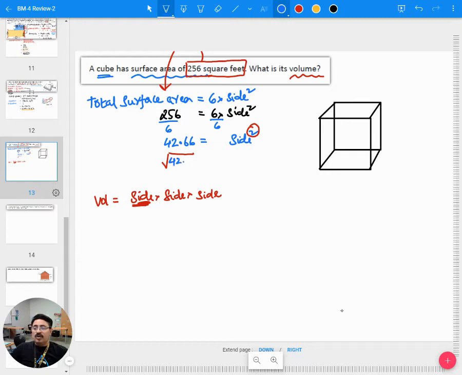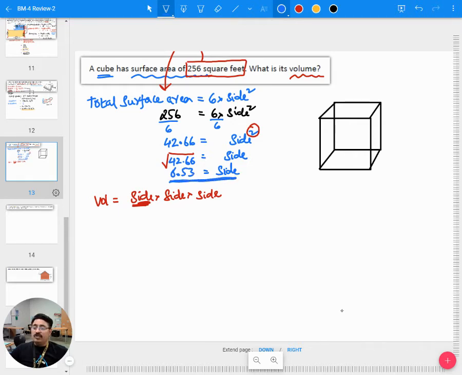Therefore, the square root of 42.66 gives me the value of side. The square root of 42.66 is 6.53. Therefore, side is 6.53.